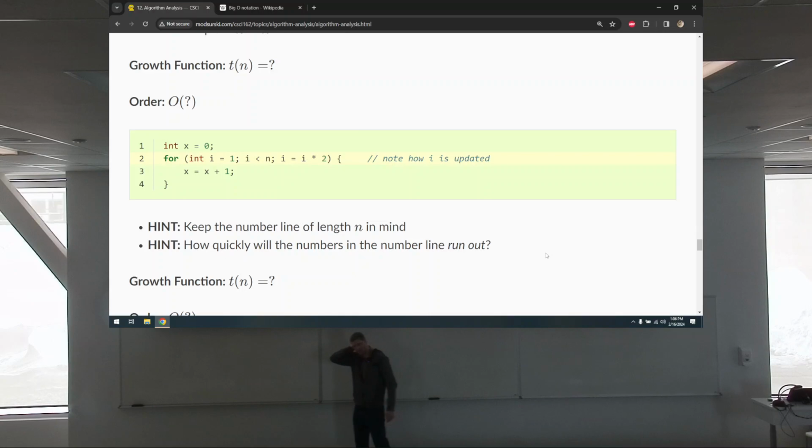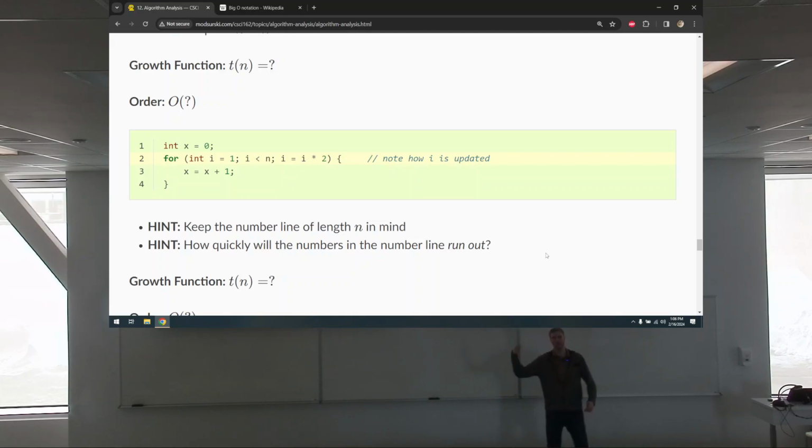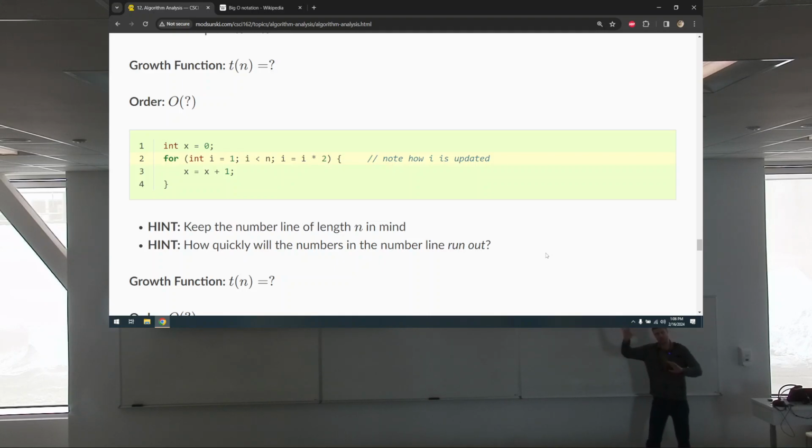So let's think about it like this. This is tricky because whenever you're thinking of a loop and it's growing, you're thinking of how fast something's growing. The number's going to go from 1 to 2 to 4 to 8, 16, 32, 64, etc. It keeps doubling, so it's growing. But the trick for me to understand this is to flip it and ask how quickly we are running out of steps.